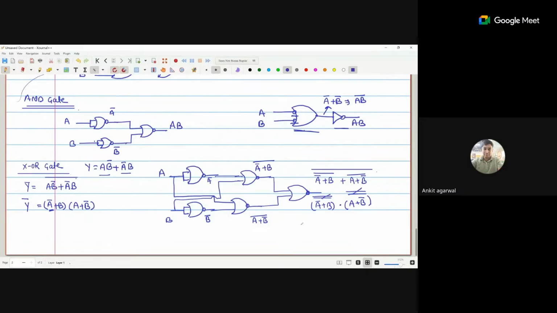So these two are cancelled. So we are getting A bar plus B dot A plus B bar. But we are getting a Y bar.